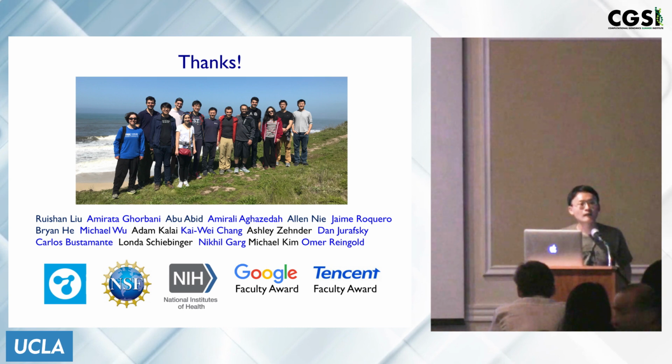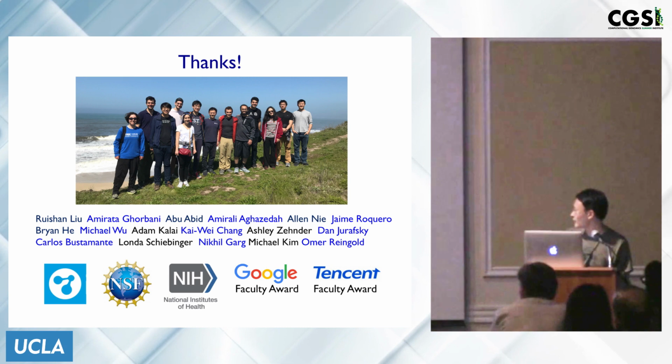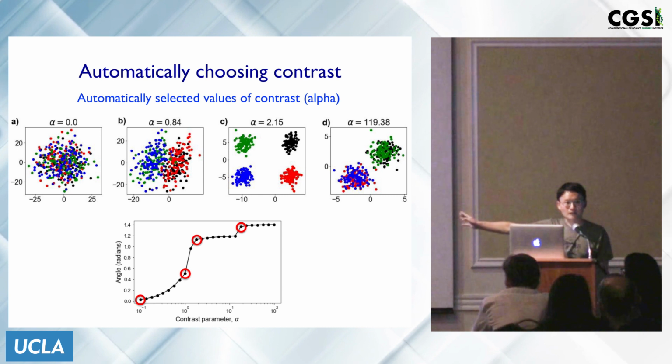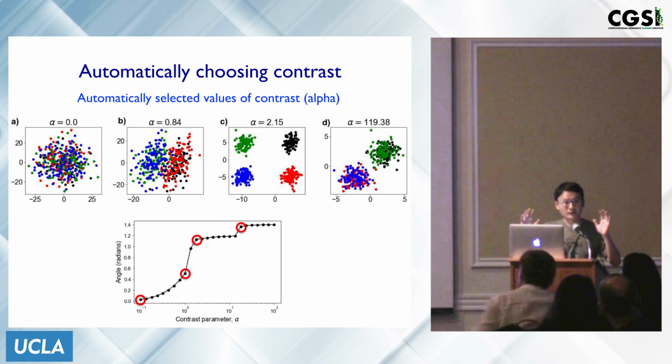Yes? What happens when the contrast parameter alpha is big enough for the difference of the matrices to no longer be positive definite? Yeah, so here we can increase alpha to be very large, on log scales. As alpha becomes large, more and more of the eigen subspace will start to have negative eigenvalues, right?